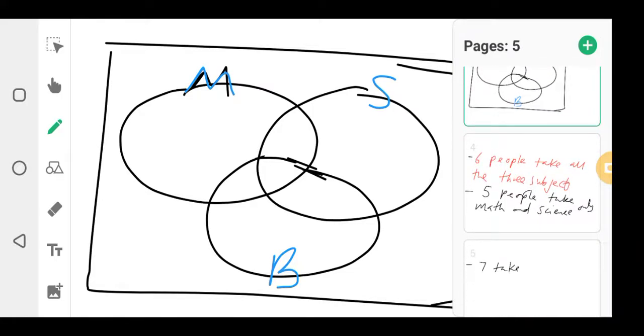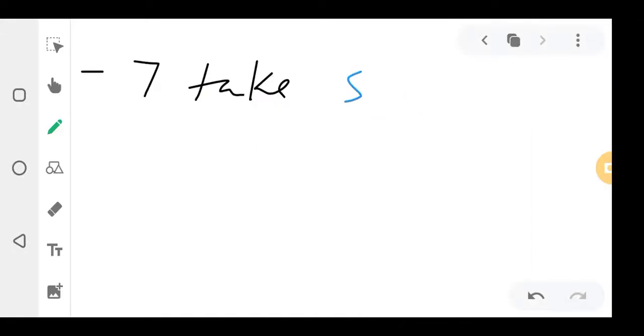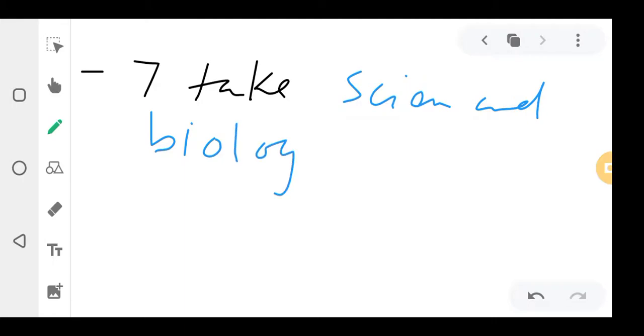So 6 people take all the 3, 5 people take mathematics and science, and then 7 people take science and biology only.